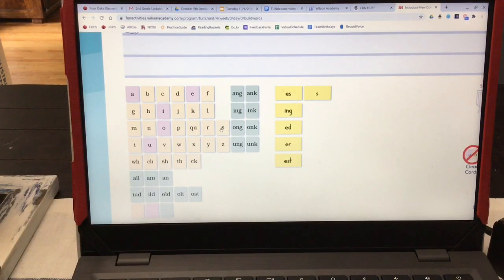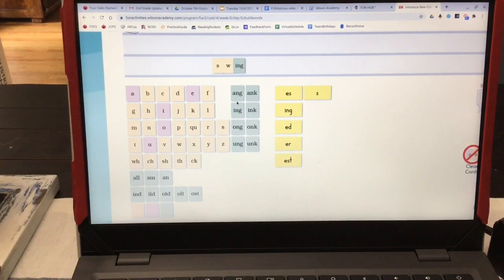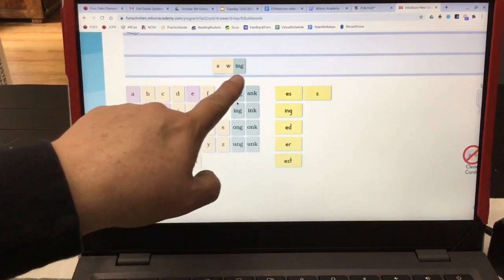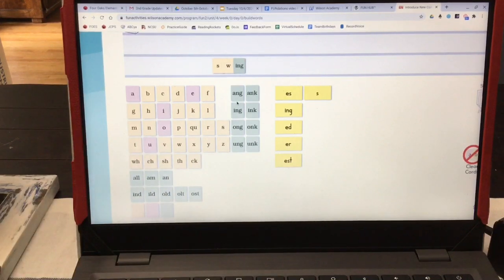Here we go. Sw. Here's our nice blend. Ing. Oh, we don't need, no. Swing. Our glued sound, ing. Ring. There we go. Swing. Okay. Oh, guys, there's lots we can do here.